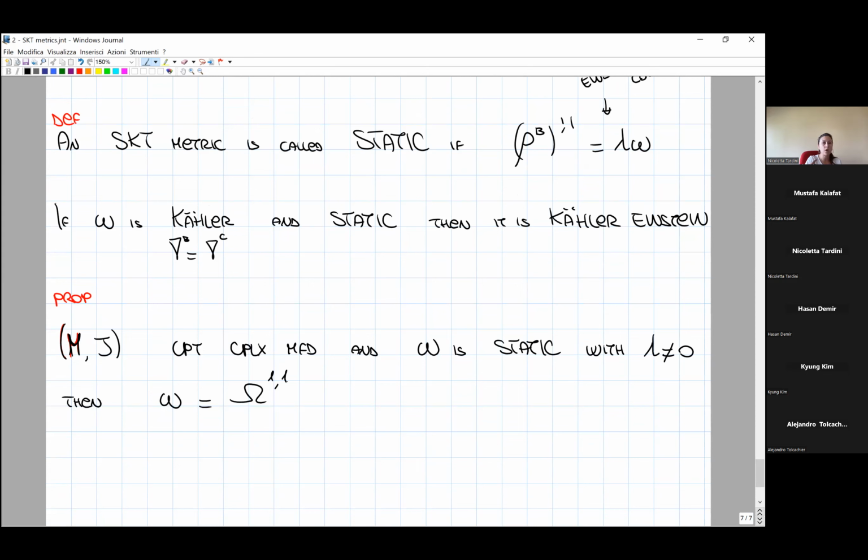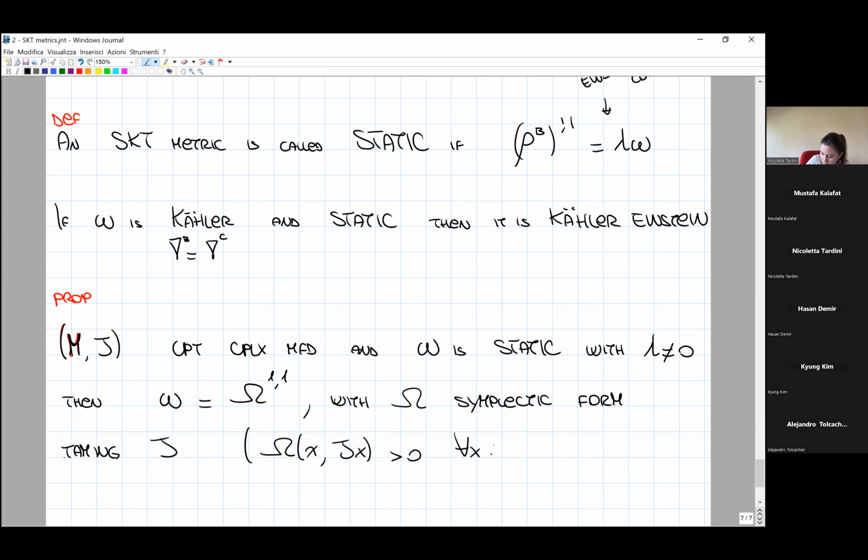So it's the 1,1 component of omega that is a symplectic form taming J. Here is the relation with symplectic structures. So the symplectic form taming J means that omega of X, JX is positive for X different from 0.